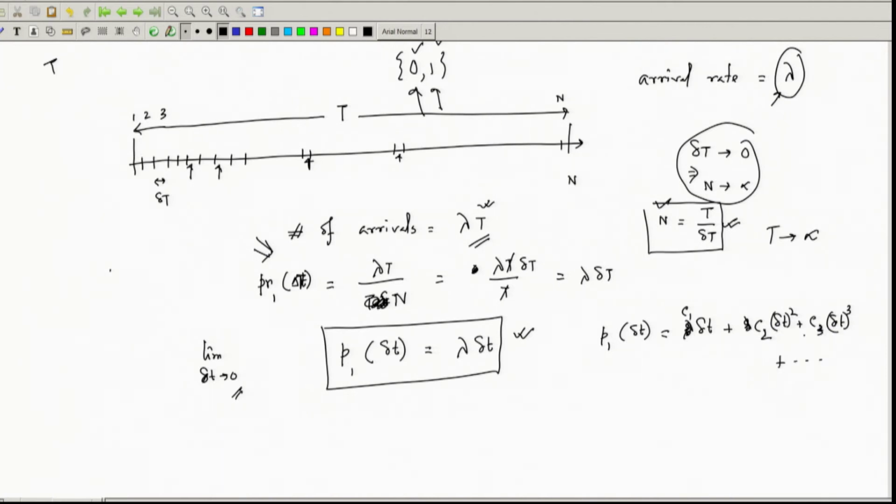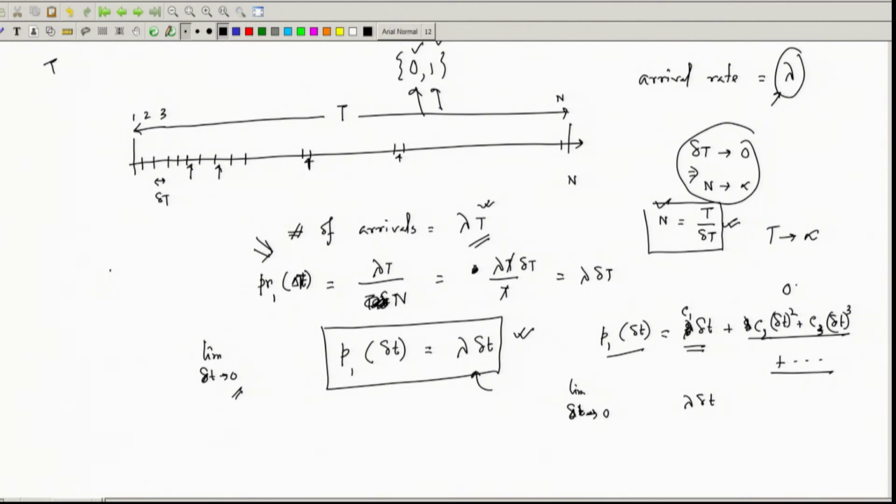Some general polynomial. Now what I have seen is that if the limit of delta t goes to 0, then this happens to be this one. So therefore, as you can see, this c1 must be lambda delta t, and this particular portion must vanish. What does that mean?